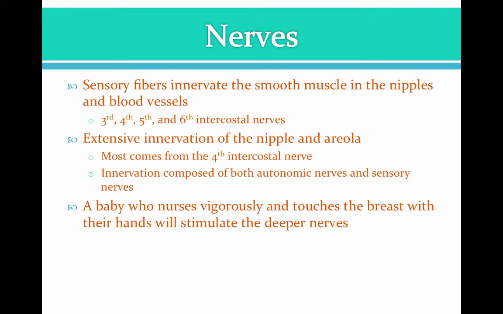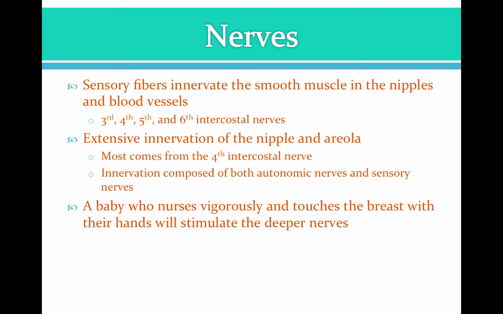Sensory fibers innervate the smooth muscle in the nipples and blood vessels. The third, fourth, fifth, and sixth intercostal nerves are the nerves that we're focusing on and that are responsible for this innervation of the breast, the nipple, and the areola.